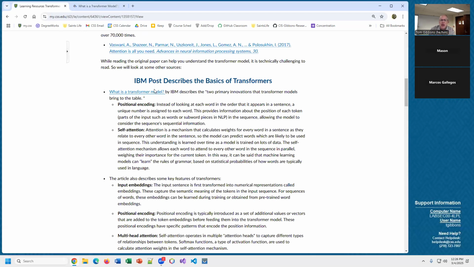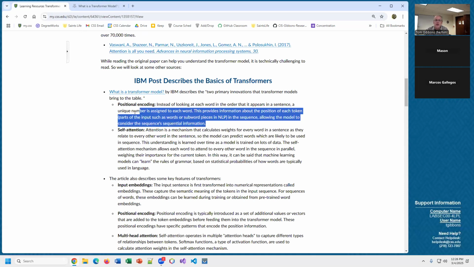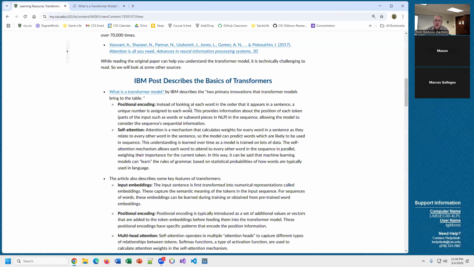Okay. So IBM's resource on transformers is kind of long, so I've tried to quote certain parts of it here that I think are key. What are the main parts? IBM says the two primary innovations of the transformer models, so these are the two new things.